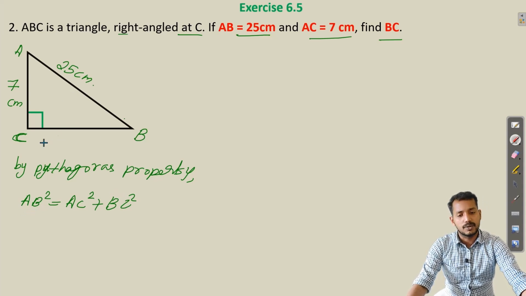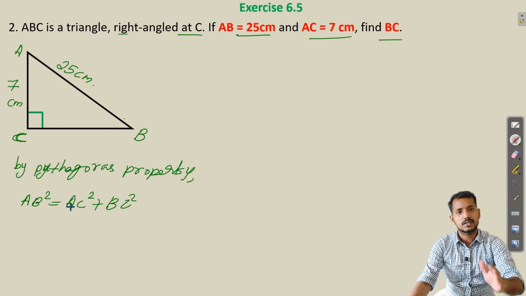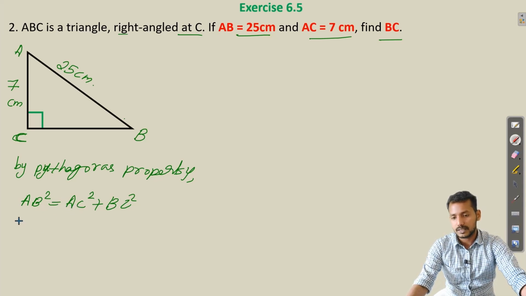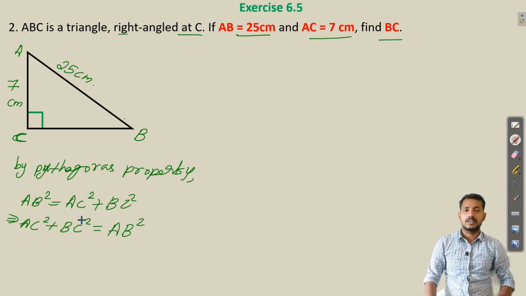Now AB is given, BC we have to find out, right? So I am going to interchange the RHS and LHS so that the equation will not change. We have already learned simple equations. That implies AC square plus BC square is equal to AB square. I have just interchanged the RHS and LHS.